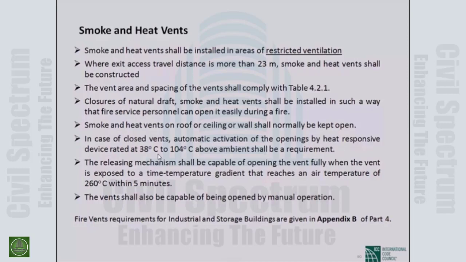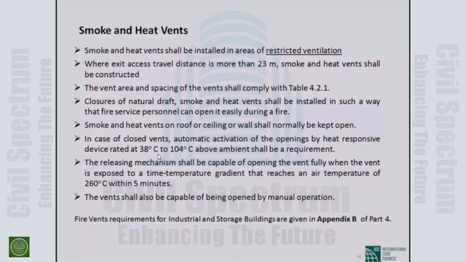There are two types of mechanism. At a certain temperature it will melt down and open, or at a certain temperature it will be activated by an electrical switch or spring switch so that it will open. So this is the releasing mechanism. Some releasing mechanism you have to put in a vent.